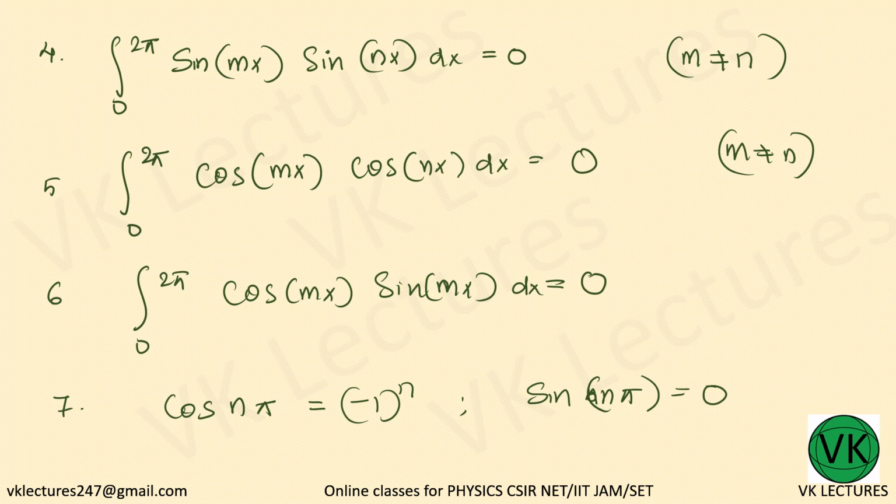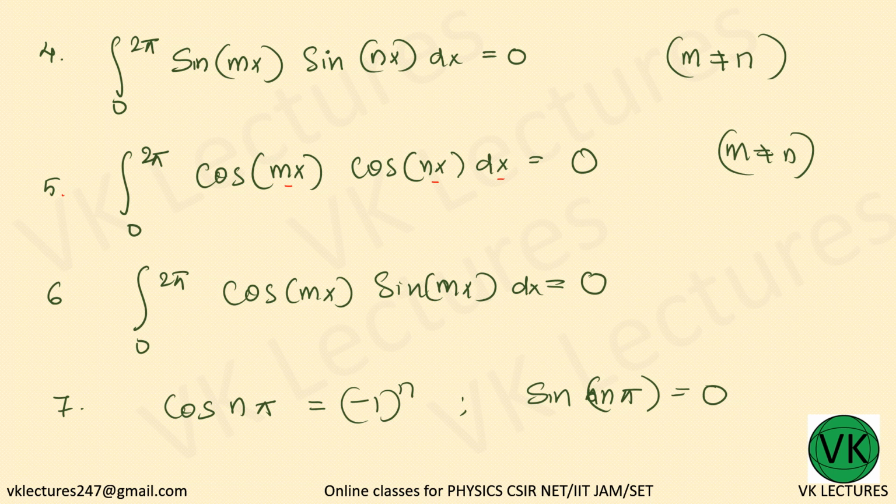Integral from 0 to 2 pi sin mx into sin nx dx equal to 0 only when m not equal to n. Similarly, integral from 0 to 2 pi cos mx into cos nx dx is also 0 when m not equal to n.